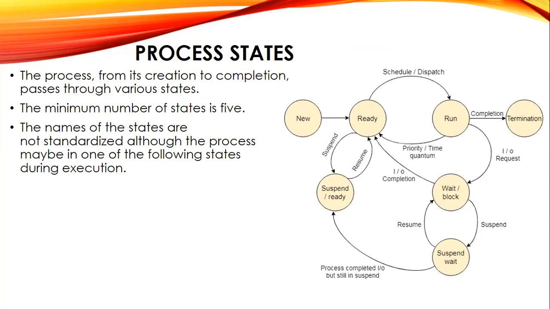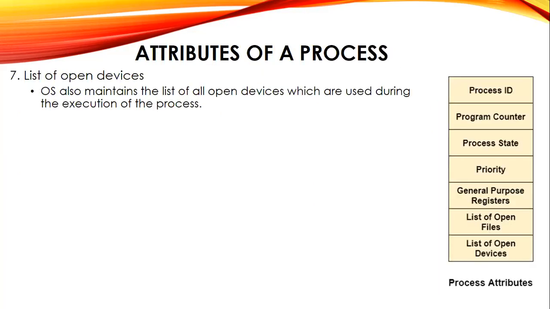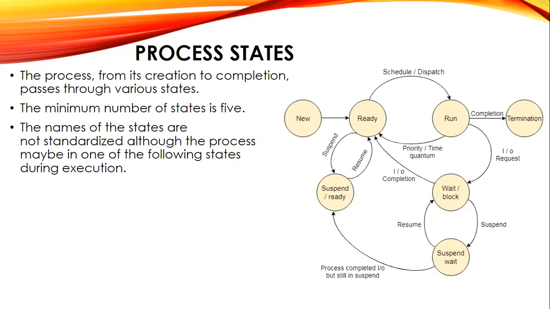In the process control block, which I told you is holding all information related to a process, it is holding process states. Process state is something like, for example, alive or dead.